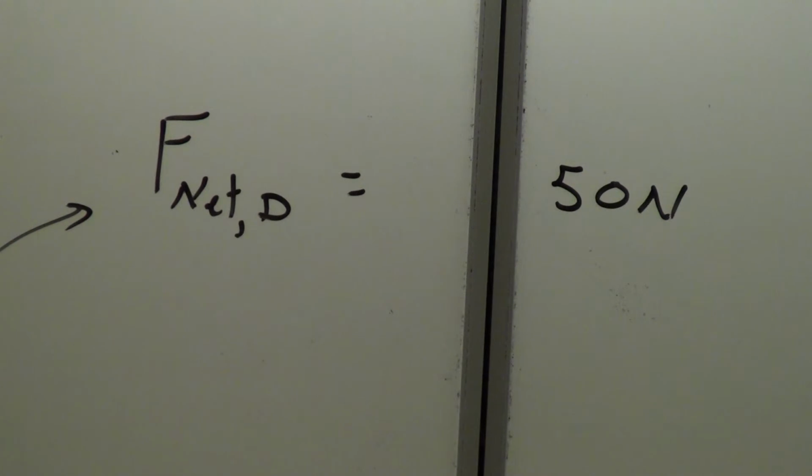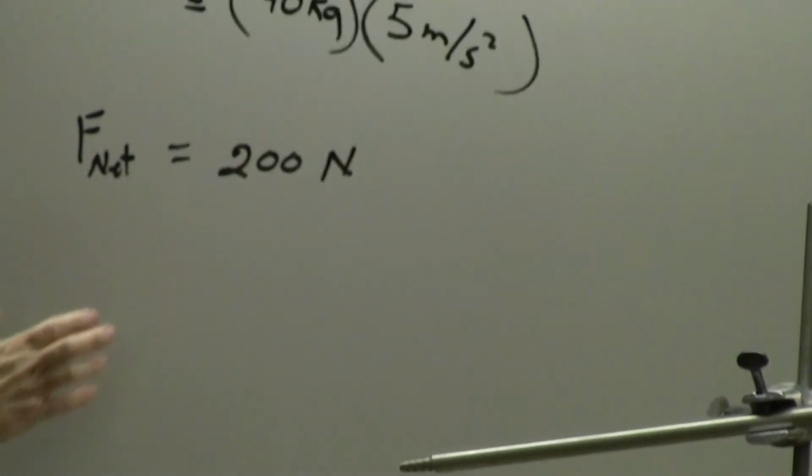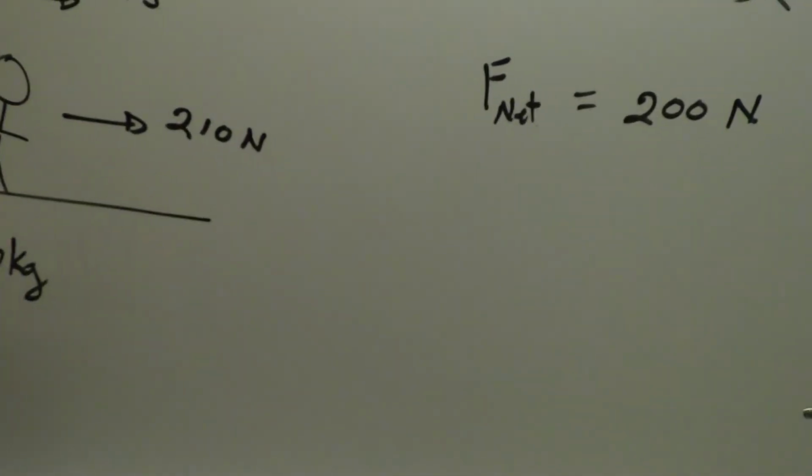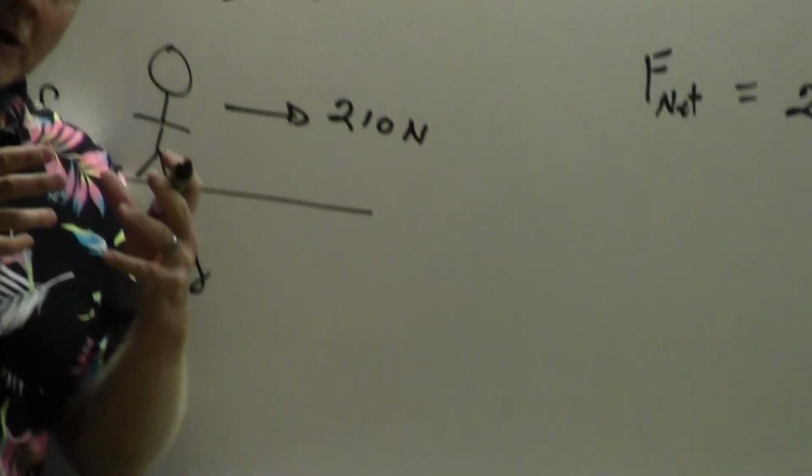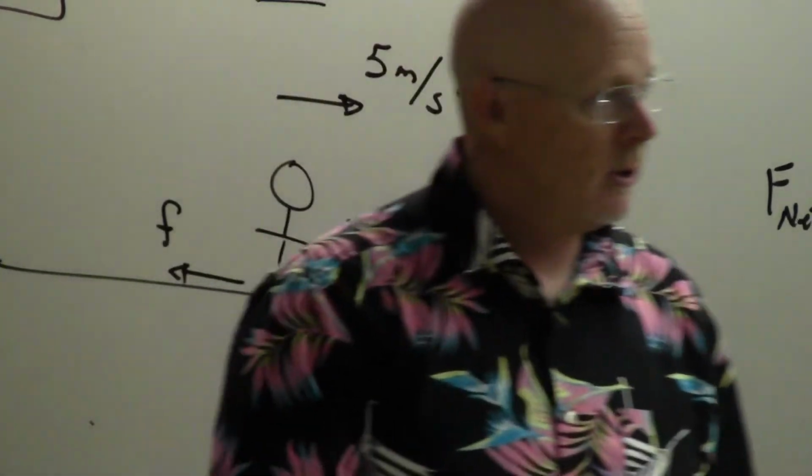Because what I have right now is 50, but this is the net force. And just like I said back in number 21, be really careful. Net force doesn't give you the individual force. It gives you the combination of all the forces.